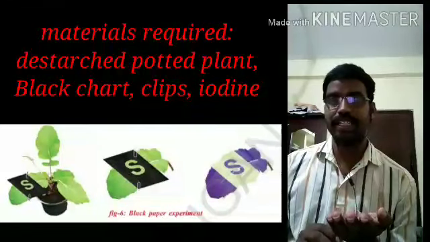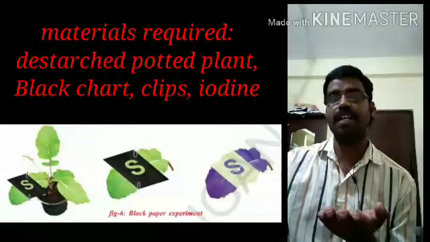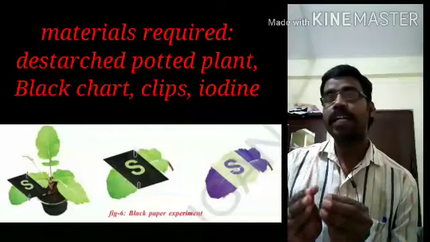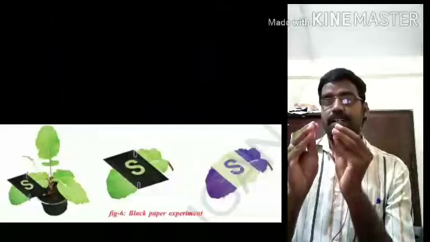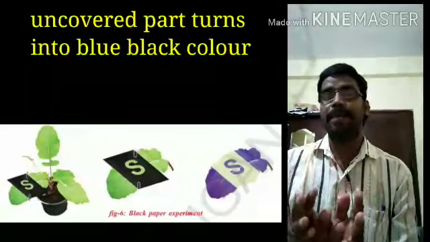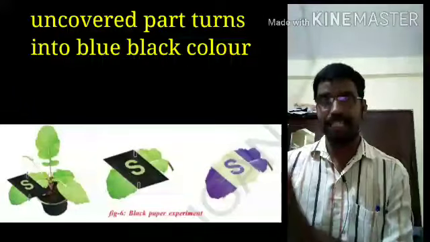Whenever we use iodine solution on the leaf, it turns blue-black. Only the part which is not covered with black paper turns blue-black.